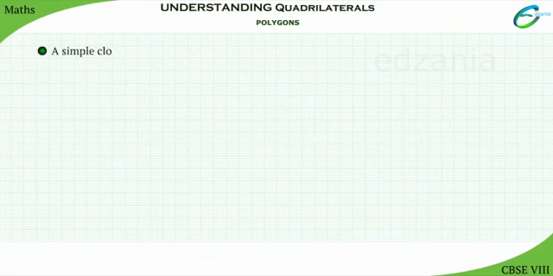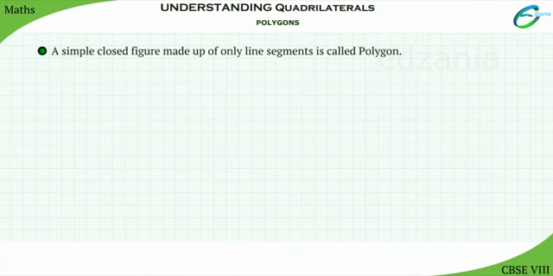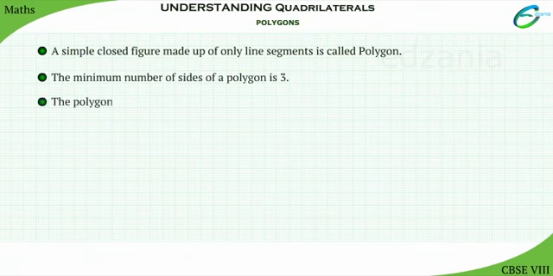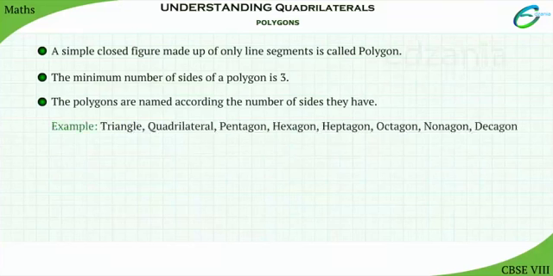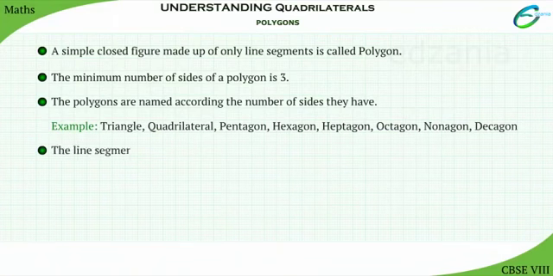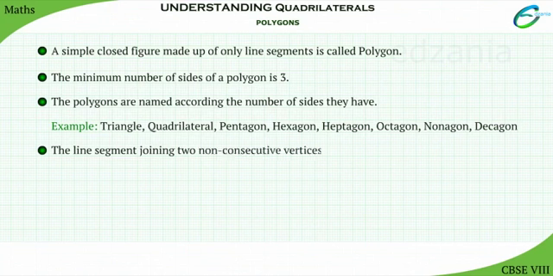A closed figure made up of only line segments is called a polygon. So the minimum number of sides of a polygon is 3. Polygons are named according to the number of sides they have. By joining any two non-consecutive vertices, we will get a line segment.